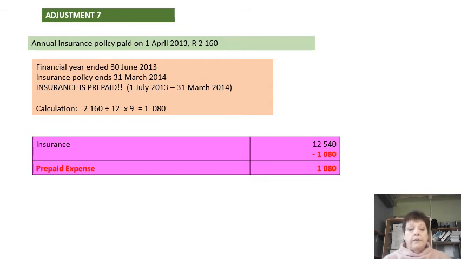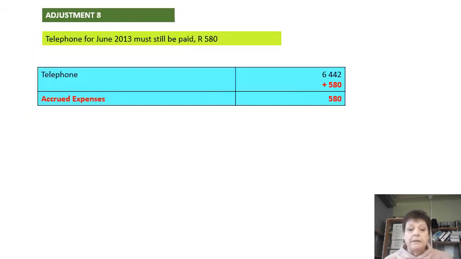And then the financial year ended when the insurance policy ends. So prepaid from the 1st of July to the 31st of March, which is 9 months. That is why I have divide by 12 times 9 to get the prepaid part. Prepaid must be subtracted from insurance, and then you have an account called prepaid expense.